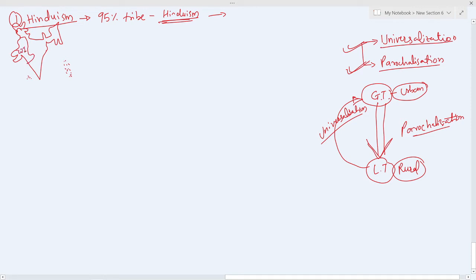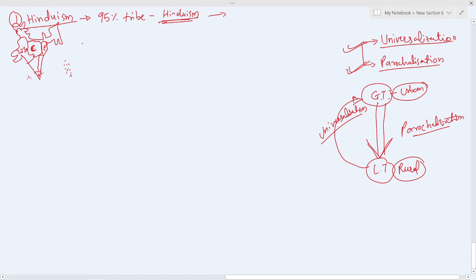This Western India, here Bhils. Okay, then there are various tribes we'll talk about in detail. Then Southern India, Andhra Pradesh, Tamil Nadu, and Kerala. Then Central India, which is basically MP, Chhattisgarh. And then Eastern India, that is West Bengal. So these were the areas where the tribes were mostly affected.